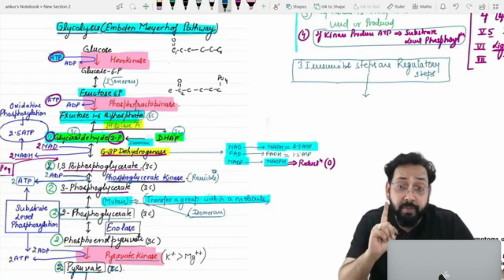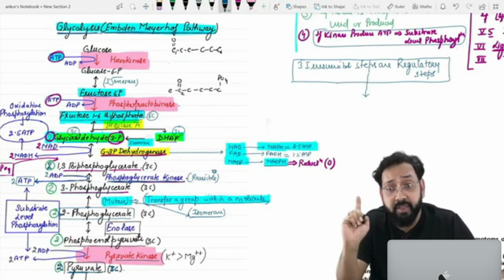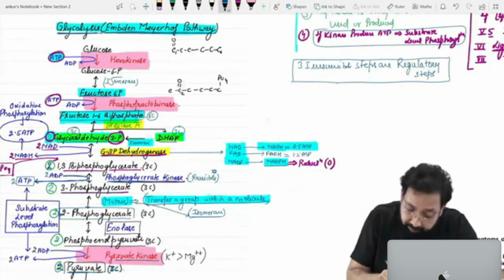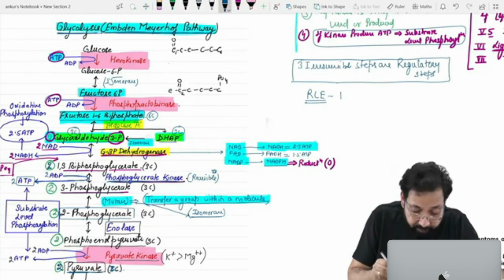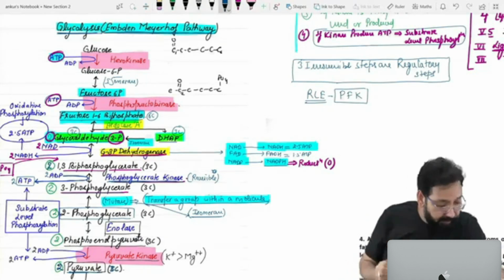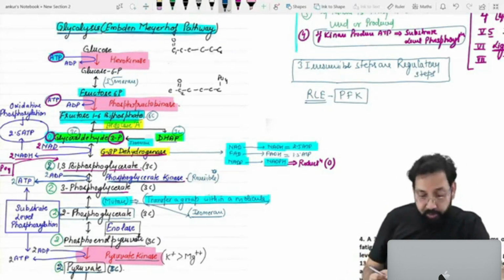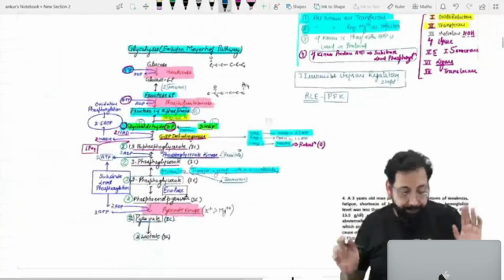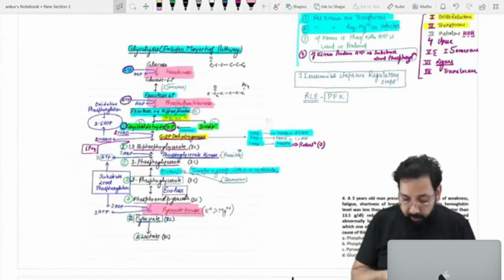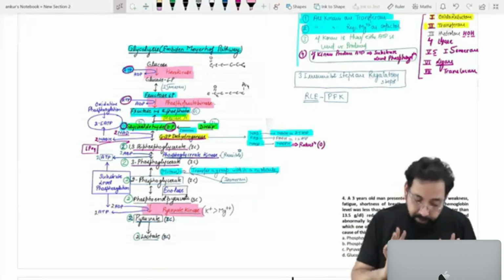There is a difference between regulatory and rate limiting step, but the rate limiting step is catalyzed by phosphofructokinase. Okay, I know this has been a little bit hectic, but each and every step is a question.